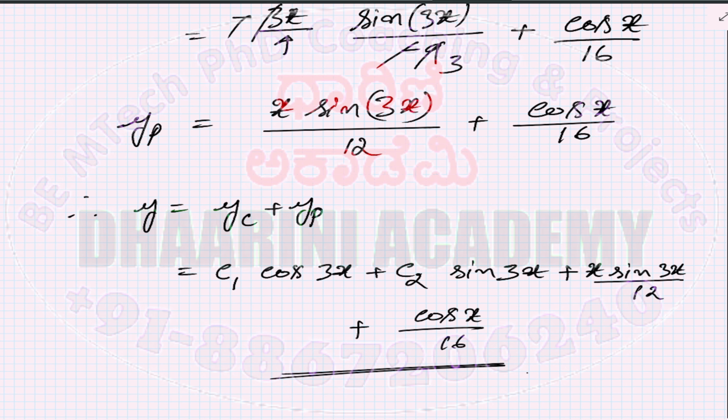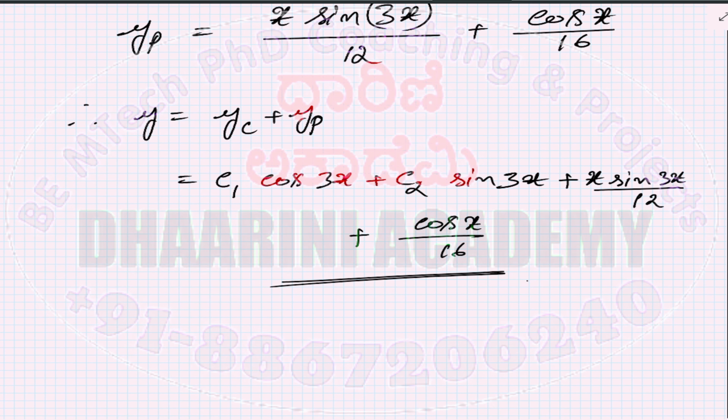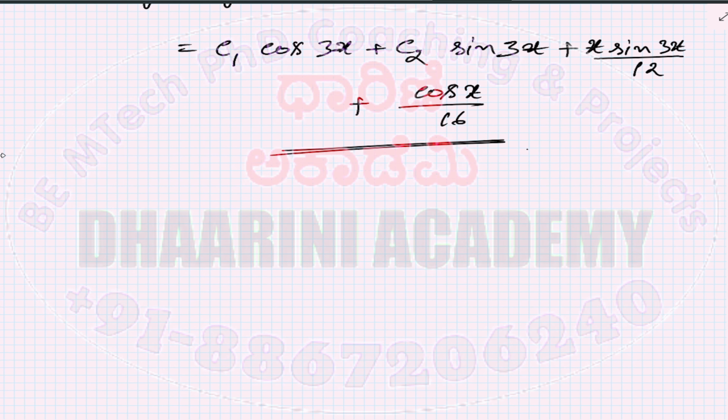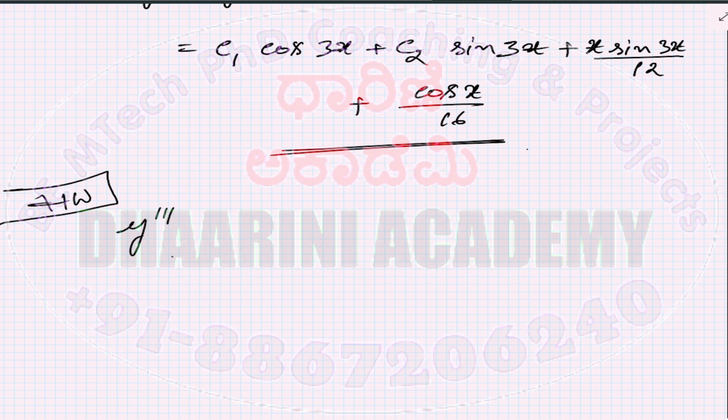Now I'll give you one homework problem to solve. You can practice and let me know if you have any doubt in the homework problem in the upcoming classes. The first problem is homework: y triple dash minus y is equal to 3 times cos of 2x.